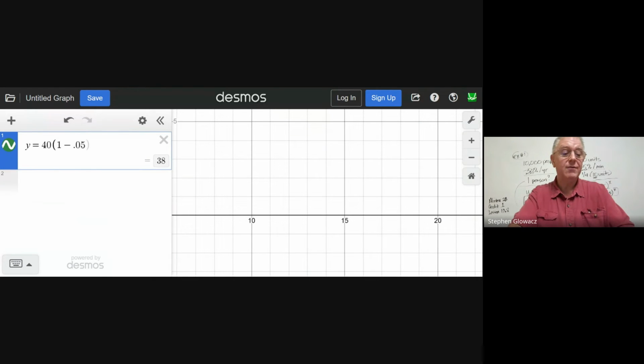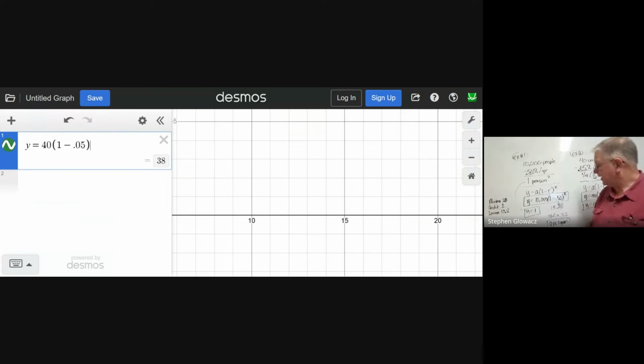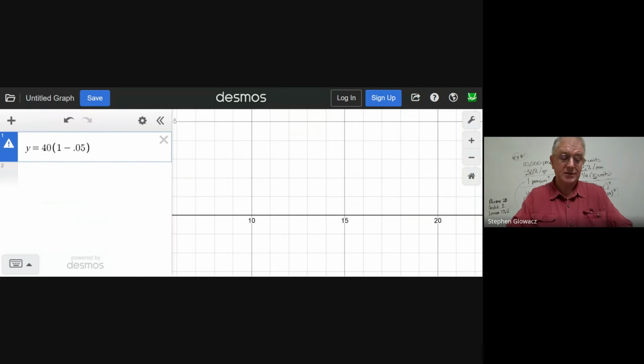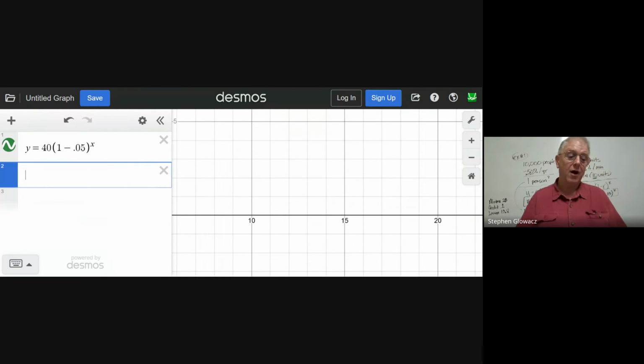Of course, we could have simplified both of these. We could have done 1 minus 0.5, and that would be 0.5, or 1 minus 0.05, and that would be 0.95. You can do that, but you don't have to, and that just creates another chance for error, so we won't do that here. But often that is what's done. Our second equation is y equals 10.